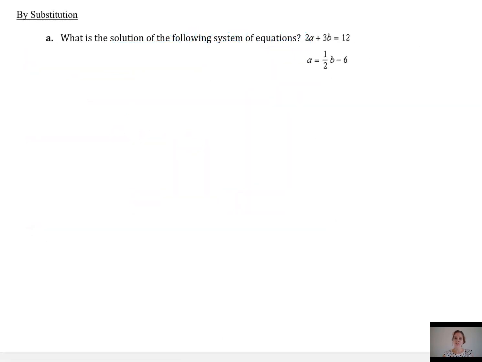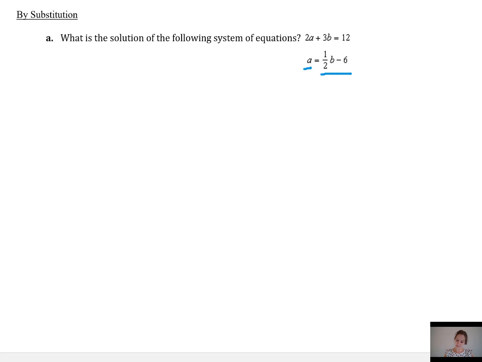Final method, solving by substitution. In this method, we're going to substitute or replace one variable with an equivalent expression. We have that a equals 1/2 b minus 6.